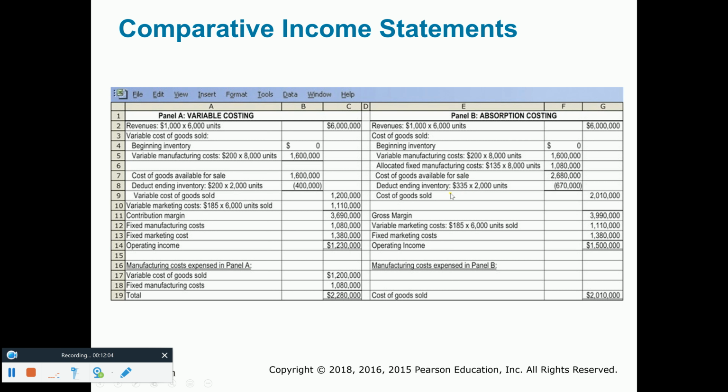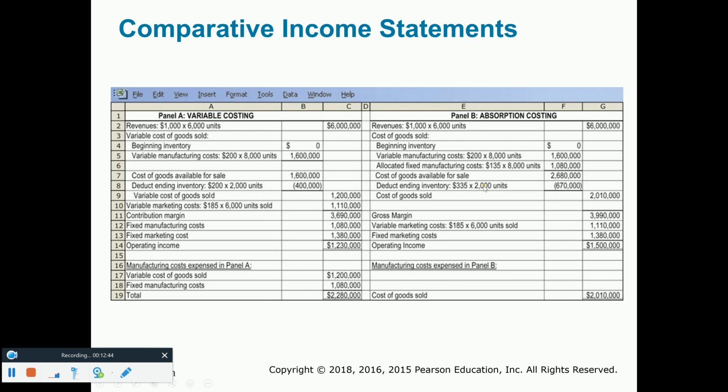You see, with absorption costing, we are saying each inventory unit costs $335 per unit. But with variable costing, it was only $200. The reason for that, once again, is because with absorption costing, we are absorbing the fixed cost into the cost of the inventory. So effectively, the fixed costs are going to stay with the inventory throughout all of the processes. So first, it hangs out on the balance sheet as part of the inventory, and it doesn't become part of the cost of goods sold until we actually sell it.